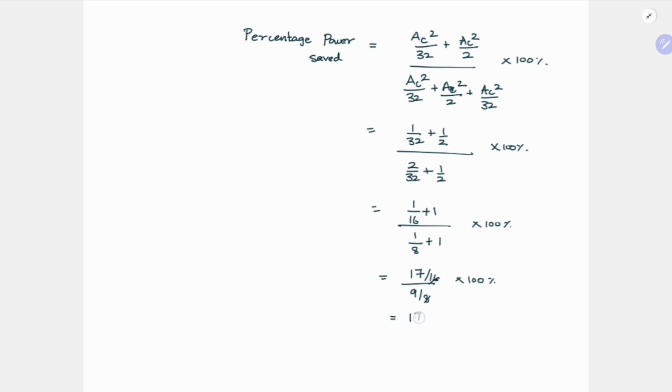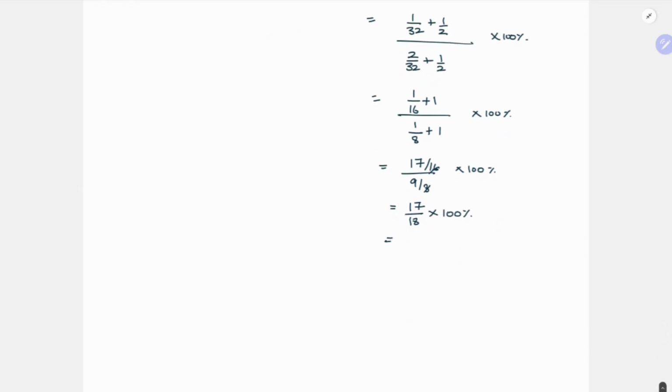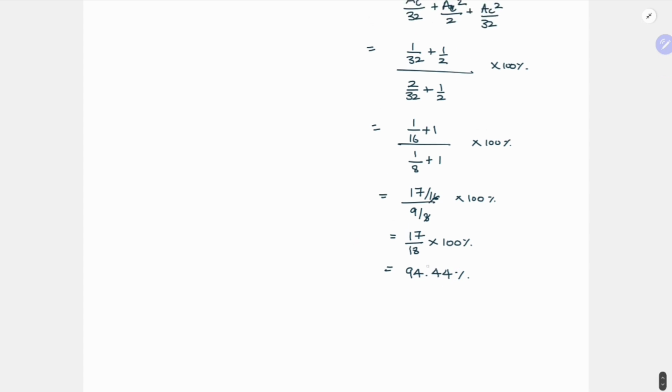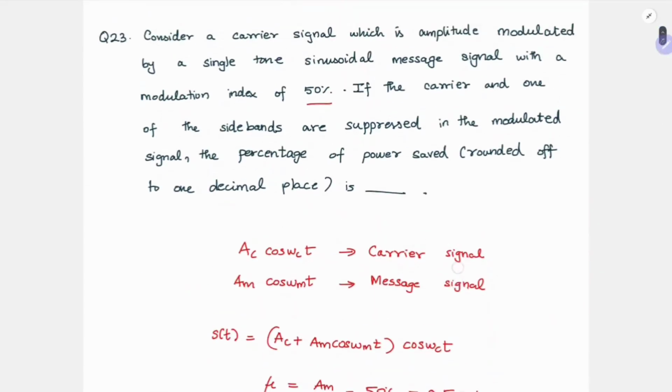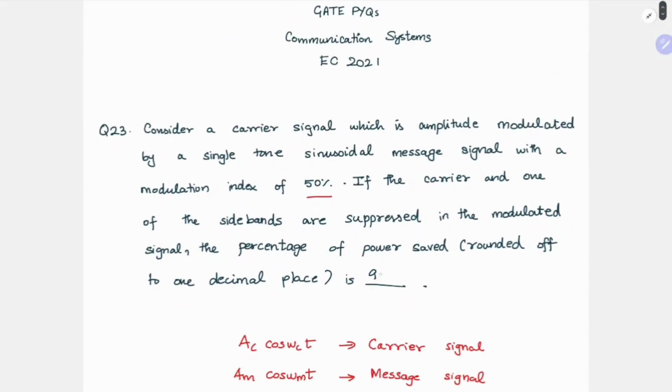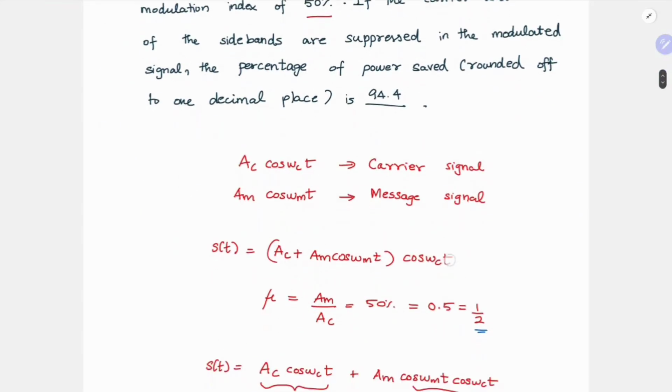This is nothing but 17 by 18 into 100%. For this you can use a calculator, and 17 by 18 turns out to be 0.944. So in terms of percent, it is 94.44 percent. This is the percentage of power saved. They're asking us to round to one decimal place, so it is 94.4.